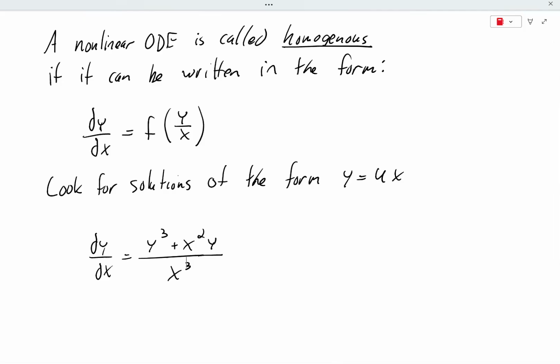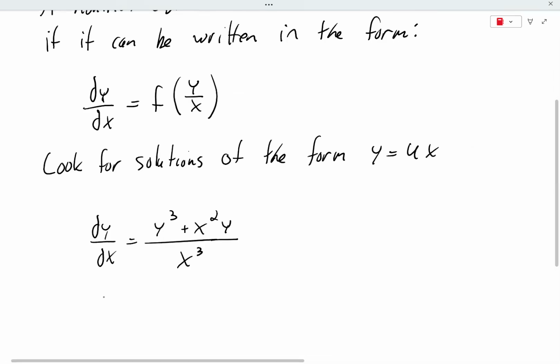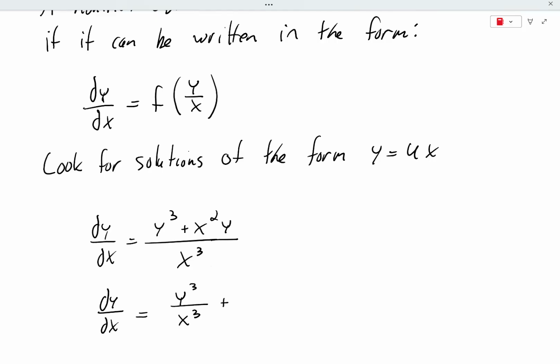Well, if you look at this carefully, you can write it like this. dy/dx equals, if I divide up and down by x cubed everywhere, then it reads like this: y cubed over x cubed plus y over x over 1.